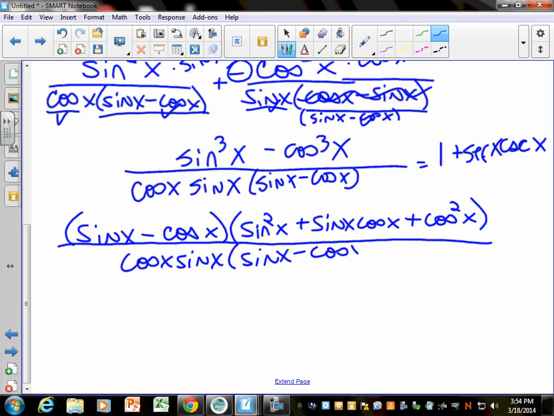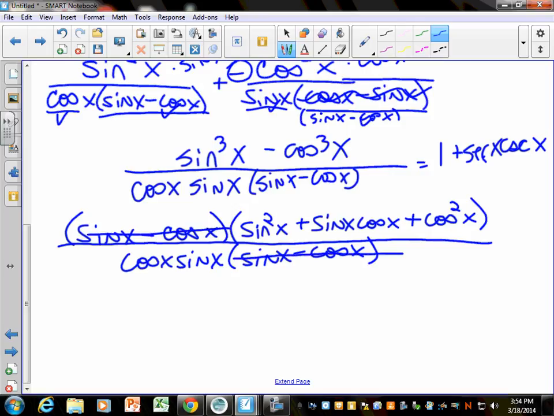And again, how do I know that? Because of the formula. A cubed minus b cubed is a minus b times a squared plus ab plus b squared. So finally, after all those steps of common denominator after common denominator, we're finally getting to a point that's getting close to the answer.